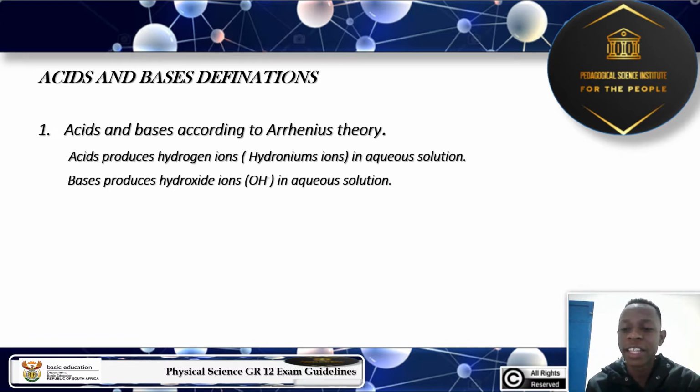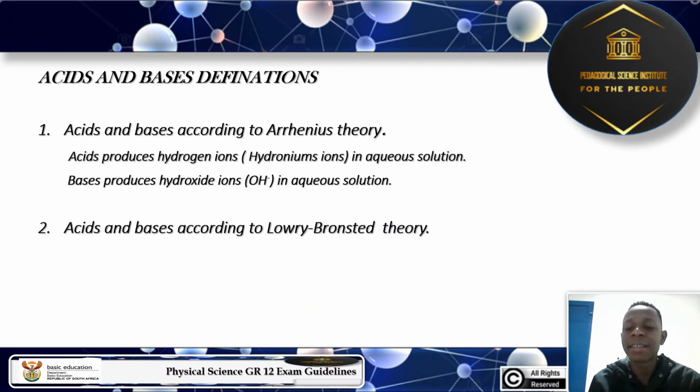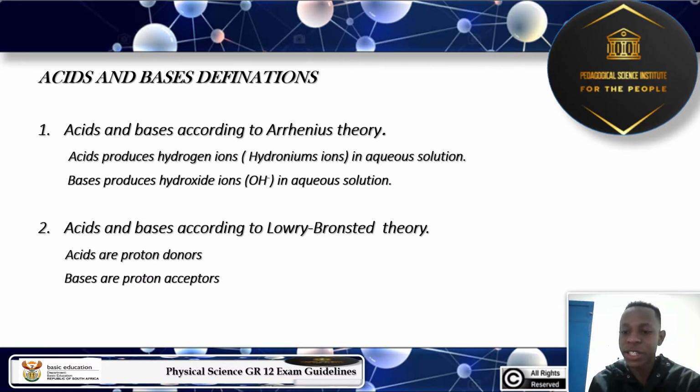Those are the definitions of acids and bases according to Arrhenius theory. But when the examiner says to you, define acid and base according to Lowry-Bronsted theory, you are going to say acids are proton donors, bases are proton acceptors.